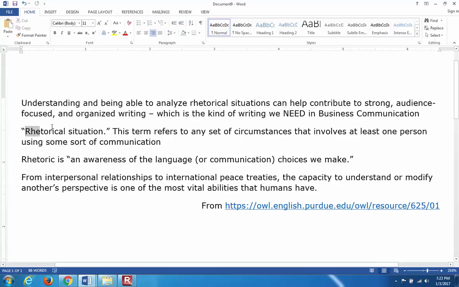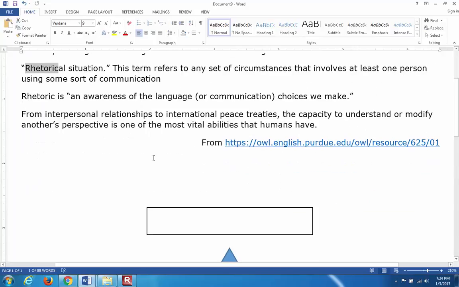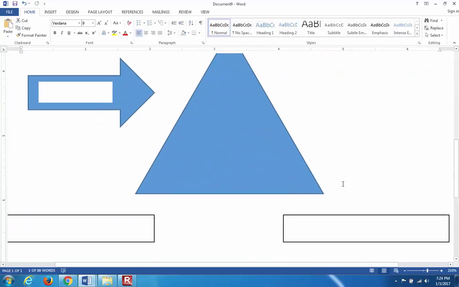And if you're confused about the word rhetorical or rhetoric, rhetoric is just an awareness of the choices that we make when we communicate. It's going to have an impact on personal relationships, business relationships, even international peace treaties. We need to be able to understand other people's perspectives and then respond to those perspectives in an effective way.